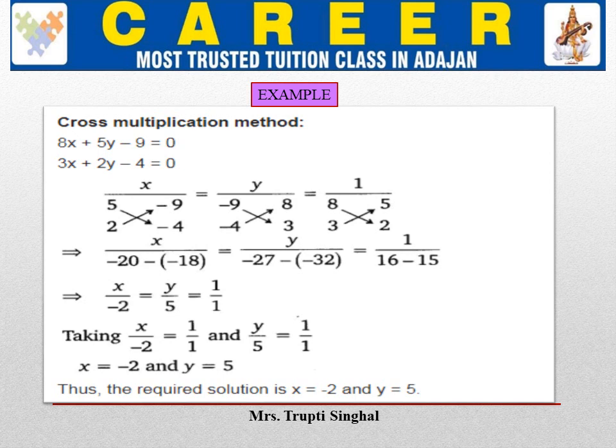The constant we numbered as 1. Then we multiply them and solve. By comparing, we have to compare with the constant, that means the variable x with the constant and the variable y with the constant. So we get x equals -2 and y equals 5. Thus the required solution is -2 and 5.